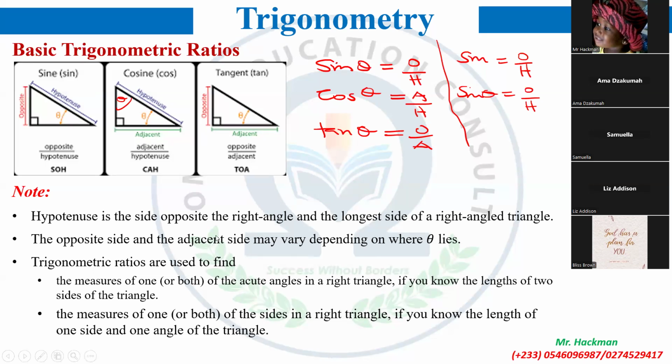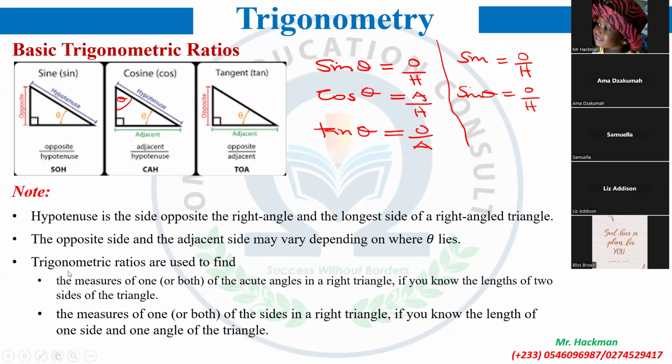Okay, now let's come to the second one, which I have equally addressed indirectly. The opposite side and the adjacent side vary depending on where theta lies. I've said that, is that not it? So the side that will be opposite, that will be adjacent, is relative to where your angle theta will be.